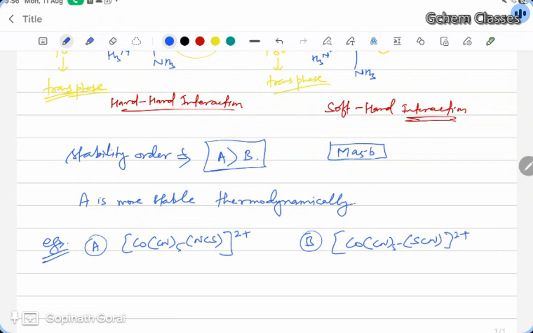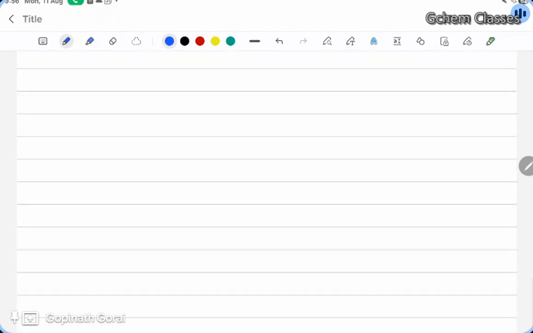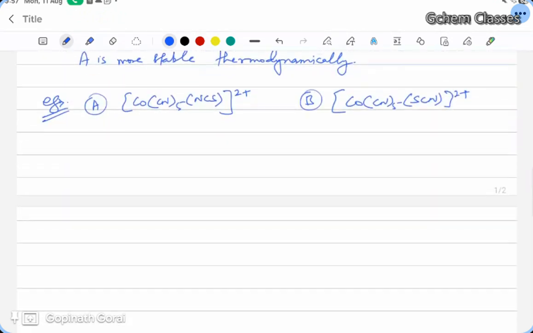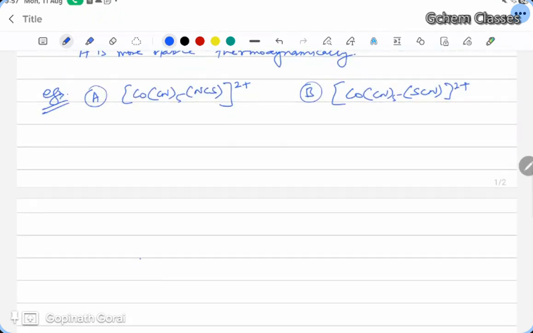So here again it is connecting through nitrogen and it is connecting through sulfur, right? So how? Let me draw cobalt, right? So we have CN, CN 3, 4, and 5, right? And we have NCS. So this is molecule A.